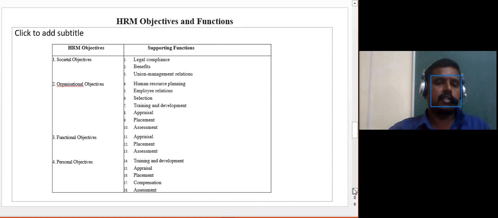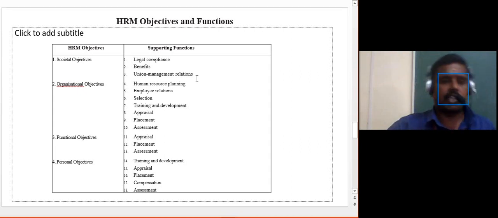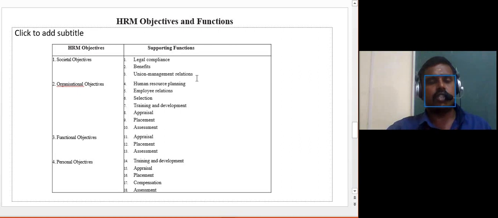Let me discuss, on one side, the human resource management objectives, and on the other side, the functions of HR. The societal objectives start from that, the functions of human resource management, particularly legal compliance and the benefits and union management relations.